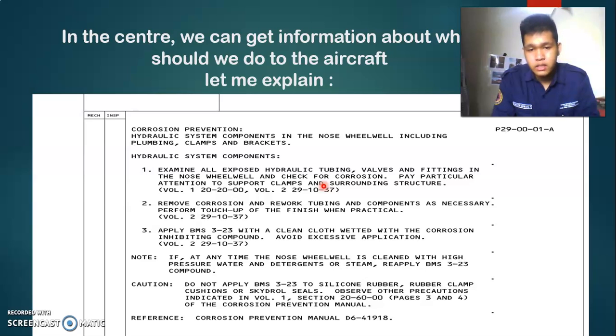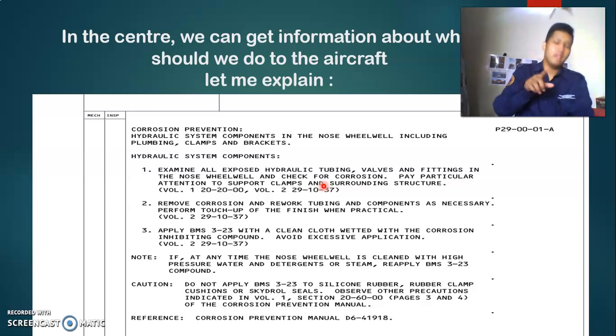Avoid excessive application. So we need to apply and clean the corrosion with a compound.